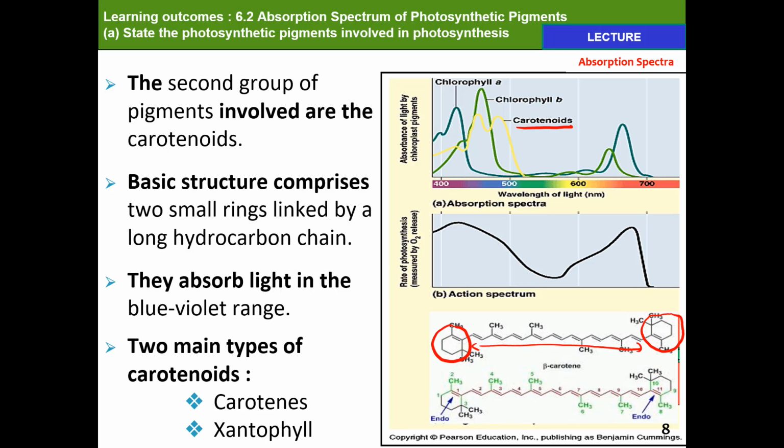Carotenoids normally absorb light in the blue violet range, and absorb best there. There are two main types of carotenoids occurring in the plant leaf: carotenes and xanthophylls.